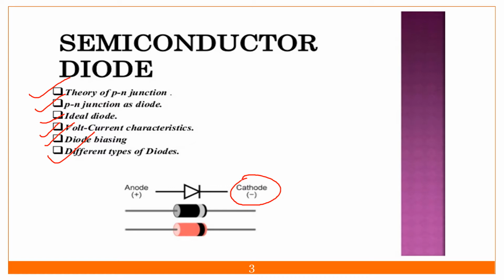And if the diode is pink in color, one strip is there, and the strip indicates that it must be the cathode, because it is a polarized device, meaning it requires polarity: we have to connect positive over here and negative over here. It is not like this device.